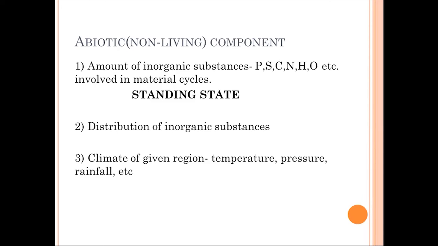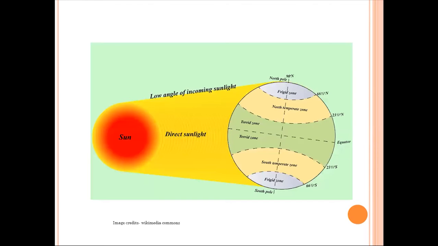Then the climate of a given region, that is, the temperature, pressure, rainfall, and other factors. The climate of a given region depends upon the amount of sunlight received. This is a very good illustration wherein you can see the region near the equator is receiving direct sunlight.